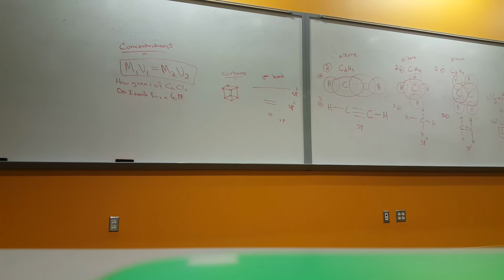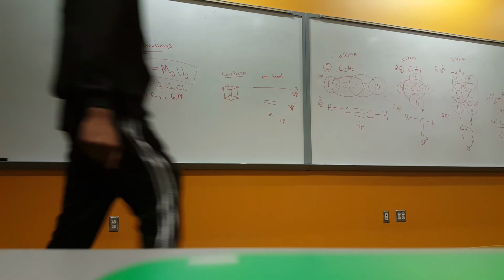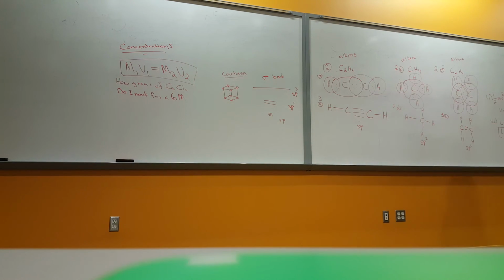Okay, I'm looking at chapter 4. Types of chemical reactions and solution composition. 4.3, I think, composition of solutions. Yeah, so 4.3. Read through that and do a couple of sample problems.